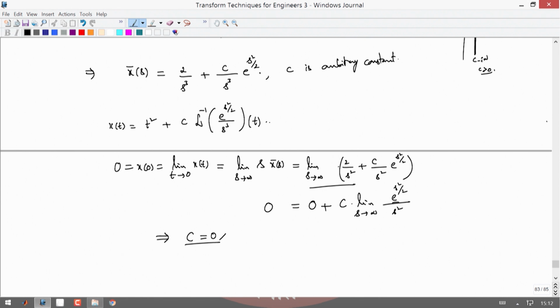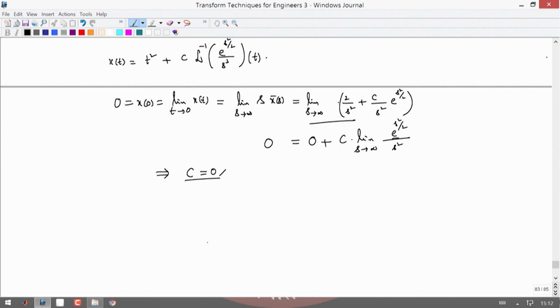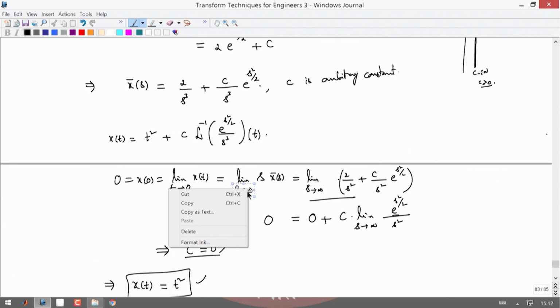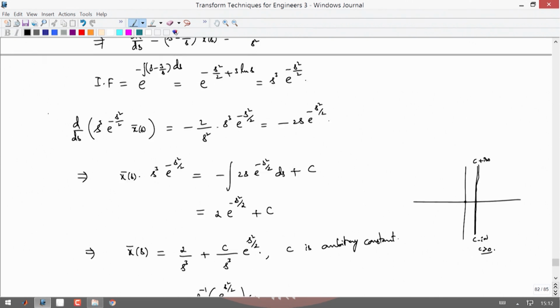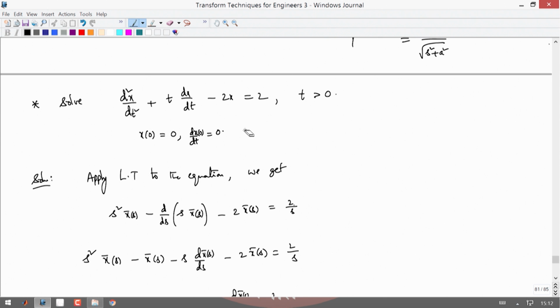So, once we find c is 0, this implies the solution x of t is simply t square. So, this is your solution of this second order differential equation with the initial data. In fact, t square, if you substitute, you can verify. Initial conditions are satisfied.